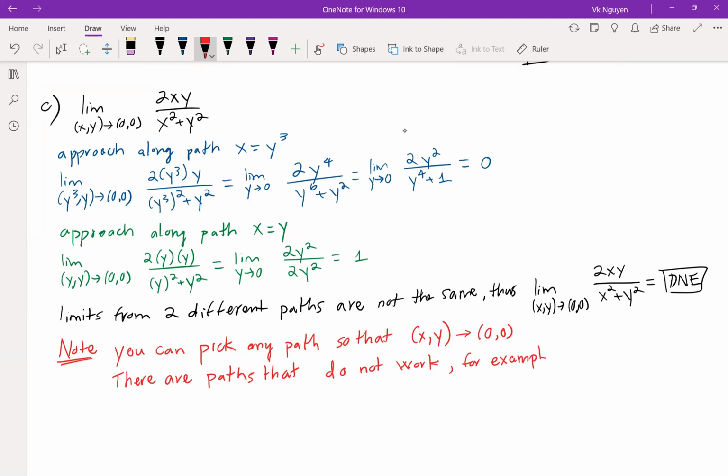For example, if you pick x equals y plus 1, then when x equals 0, y does not equal 0. That is not good, because you cannot reach the point (0, 0). It doesn't matter how you try, you cannot get to that point, and that is not a path.